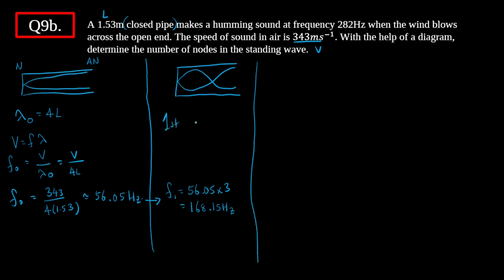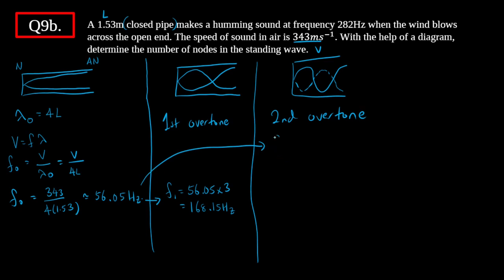So this is the first overtone, and then I can go on and do the second overtone. Again, like that. So this is the second overtone. Going from the fundamental frequency to the second overtone, we simply multiply 56.05 by 5, because it's going to be 5/4.